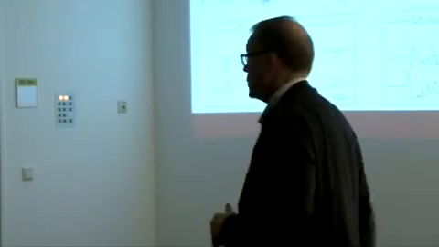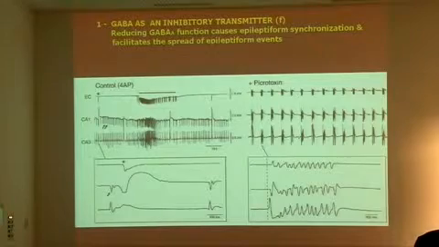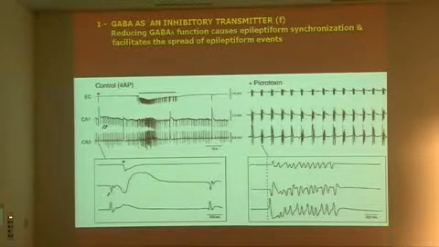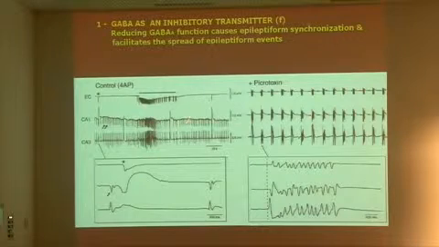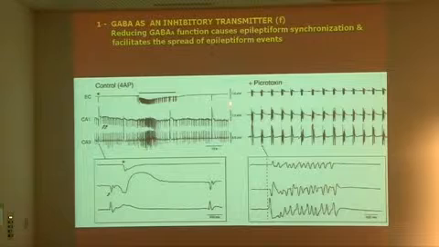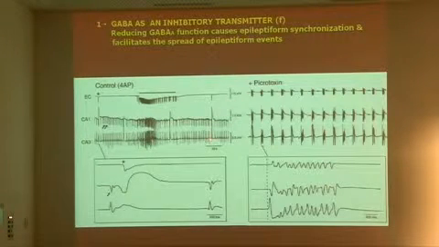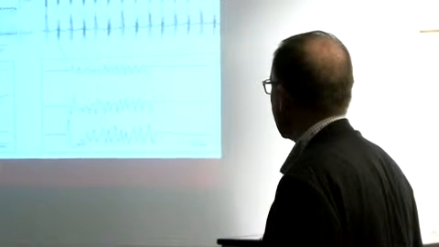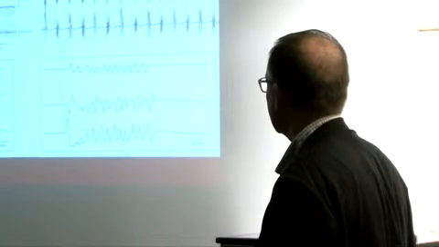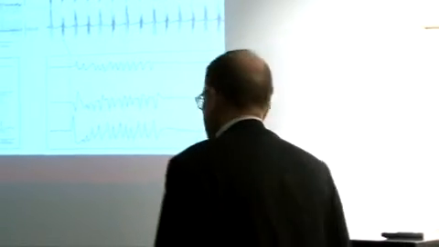Now, what happens when we block the GABA receptor with picrotoxin? Well, 2 striking things occur, or maybe 3. First, you see that the ictal discharge disappears. You see that the interictal becomes much more robust, and that this interictal now propagates from the CA3 down to the entorhinal cortex.